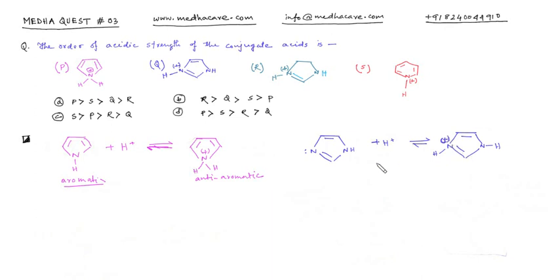Now if you consider these two, if we draw the resonating structure of this compound, let's say this lone pair is moving over here on the nitrogen atom. So in this resonating structure you can write a double bond, here is a negative charge.